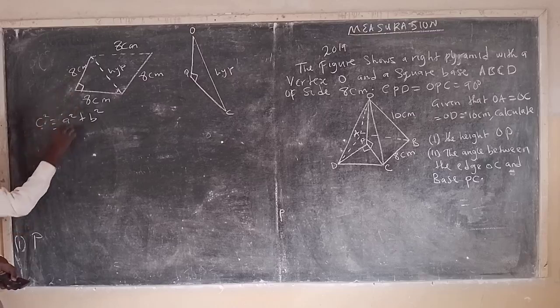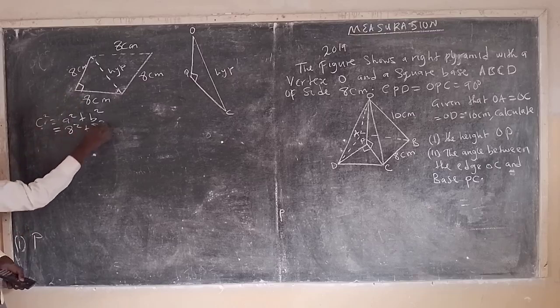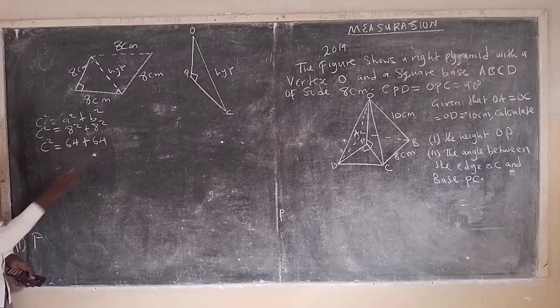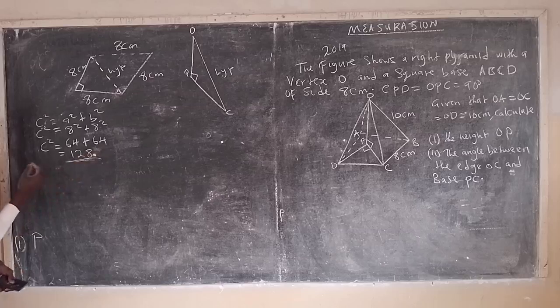So we have 8 squared plus 8 squared. Our c squared is equal to 64 plus 64, so we have 128. So c squared is equal to 128.